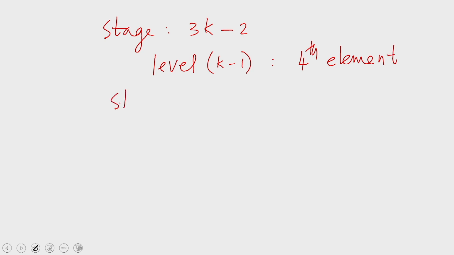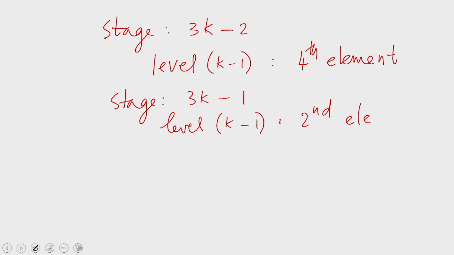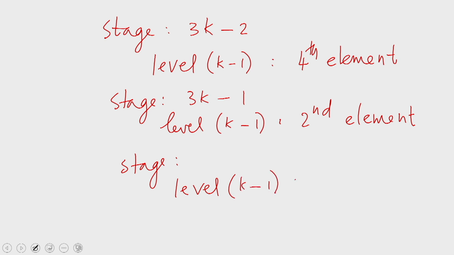In stage number 3k minus 1, level k minus 1 nodes pick every second element as a sample. And in stage 3k, level k minus 1 nodes will pick every element as a sample.